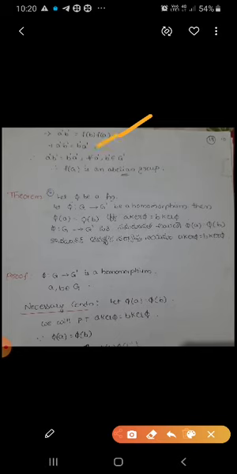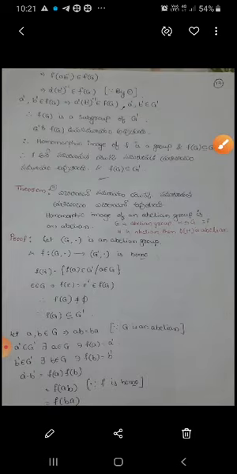So therefore a'b' equals b'a' for all a', b' belongs to G', meaning f(G). Therefore f(G) is an abelian group. Hence the proof, meaning therefore the homomorphic image of an abelian group is an abelian group.